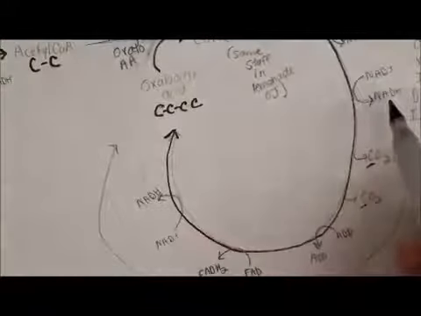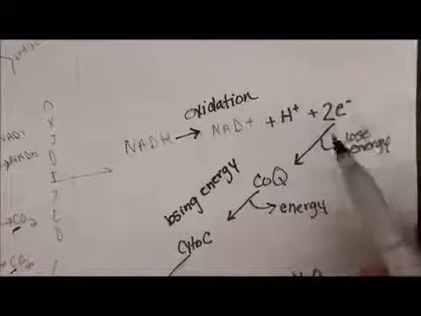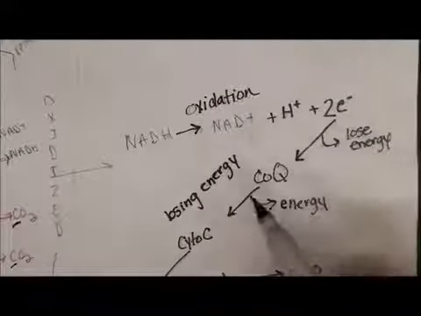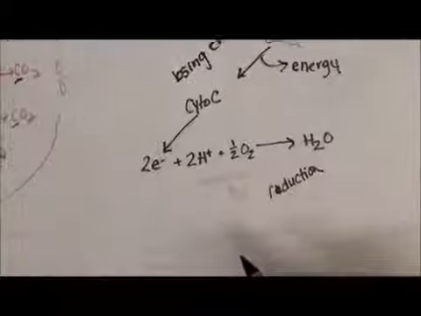And eventually then these things, NADH, FADH2, are going to enter into the electron transport chain, where as they lose energy, they pump hydrogens out that flow back in, causing it's like a physical reaction of ATP to be formed. Ideally, you get 38 ATP that form.